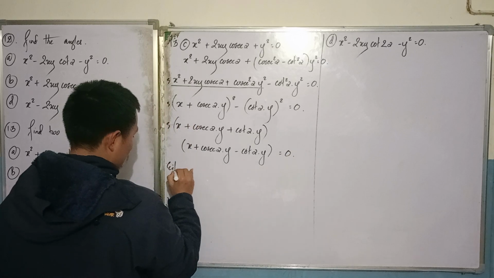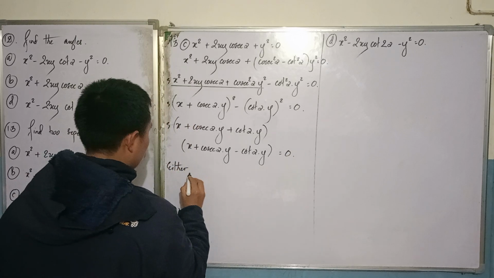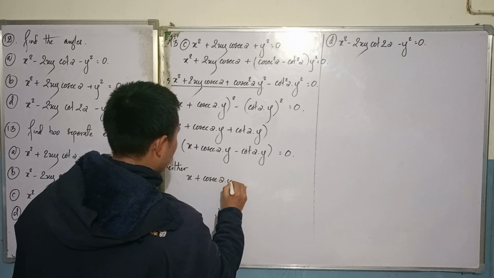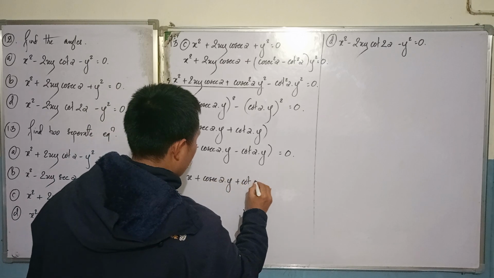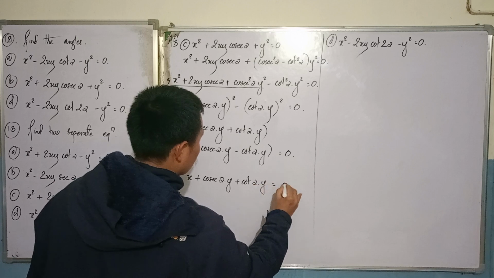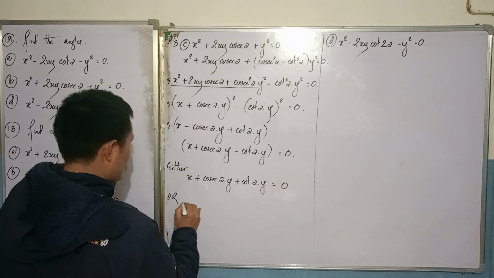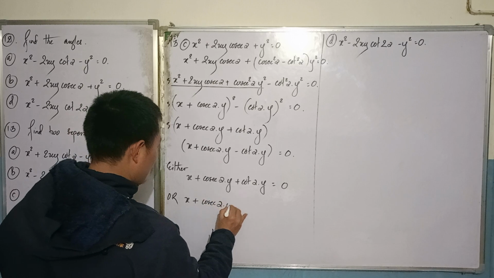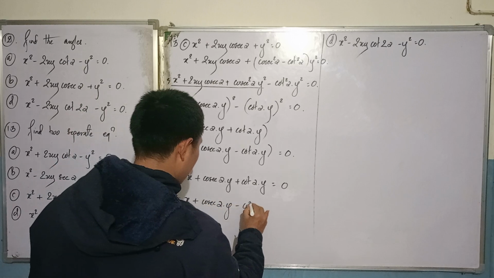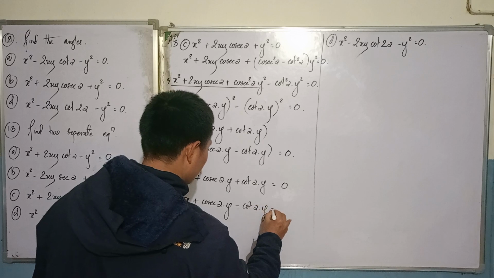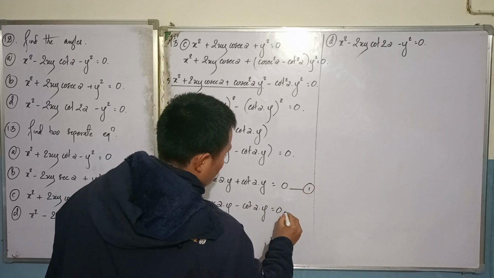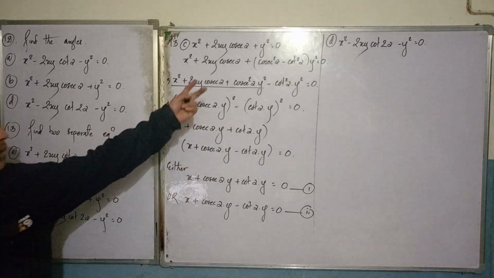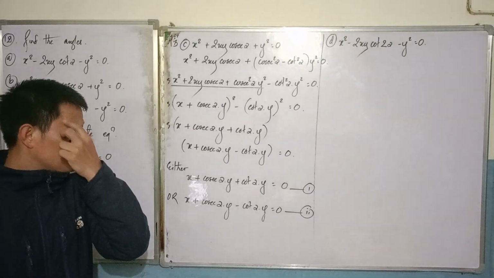Either x plus cosec alpha y plus cot alpha y is equal to 0, or x plus cosec alpha y minus cot alpha y is equal to 0. So these are the two straight lines separated from this single equation.